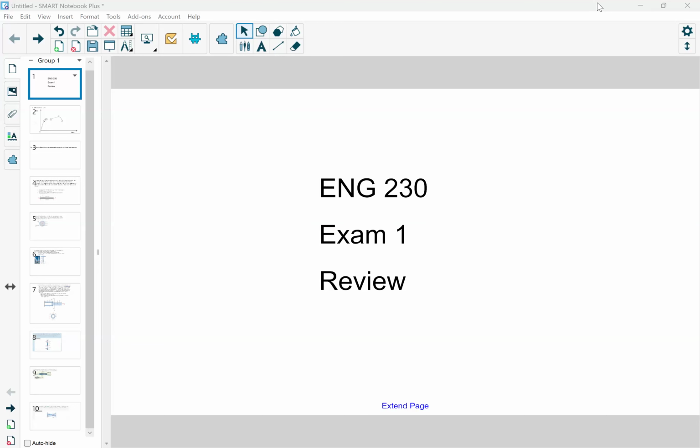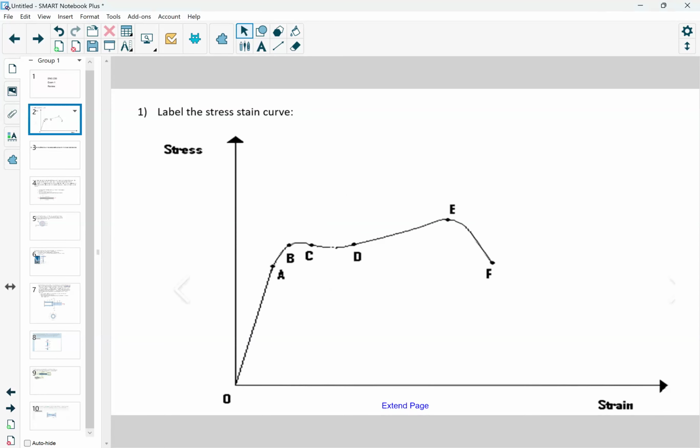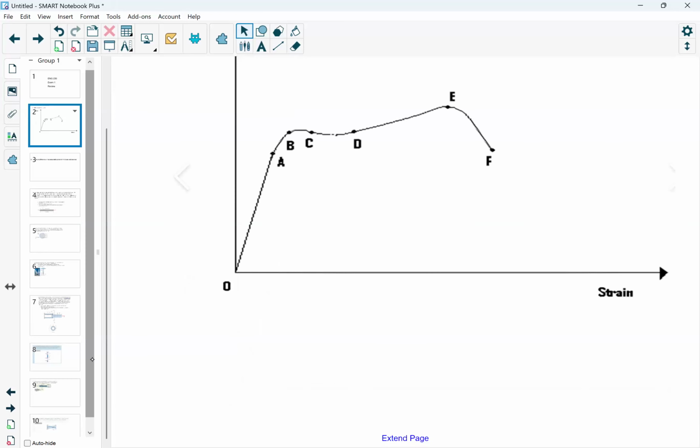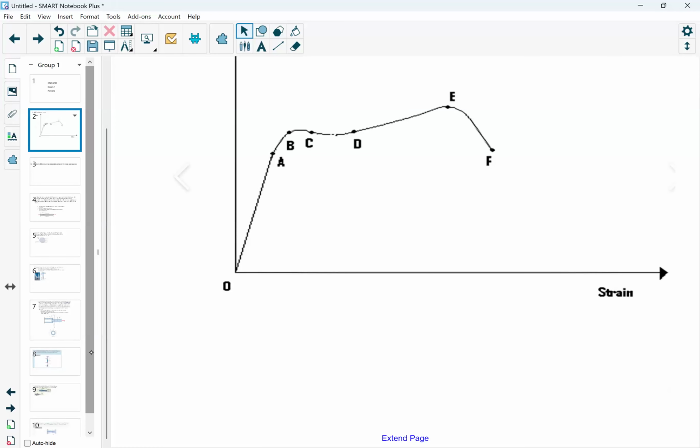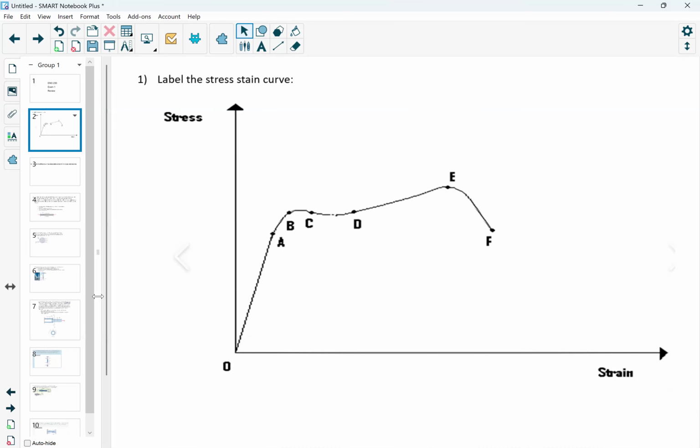All right. Okay. So here is our friend, the stress strain curve. You've seen this before. By the way, what is this type of material that typically gives us this look? Steel, right? Mild steel. Excellent.